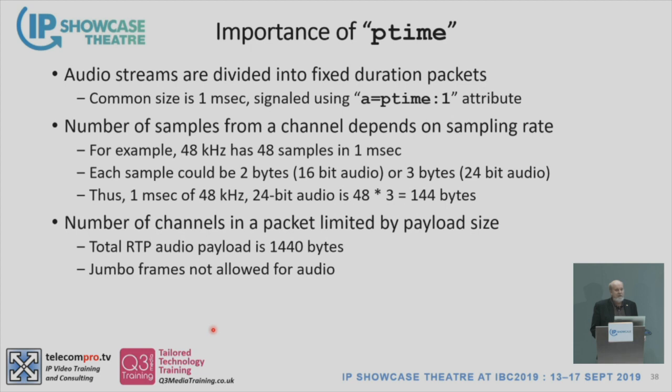So the number of channels of audio is limited by the payload size. So let's say we had 1 millisecond of audio, 24-bit sampling. That works out to 144 bytes. At most, I could put 10 channels of audio with a 1 millisecond Ptime in the 1,440 bytes.